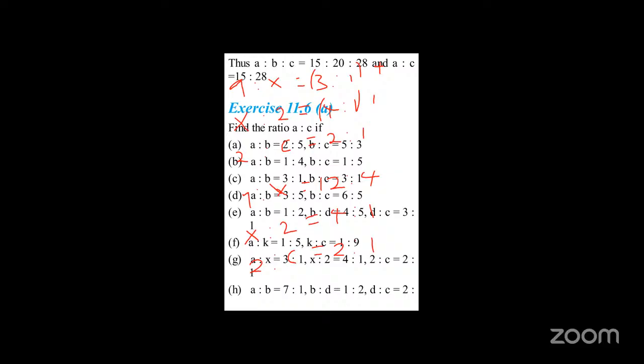The common values here are the 2 and 2. So we need to make them the same. Here at the top we multiply by 2 and here at the bottom we multiply by 1, so that we have X ratio 2 as 8 to 2, and the other one, 2 to C, is 2 to 1.